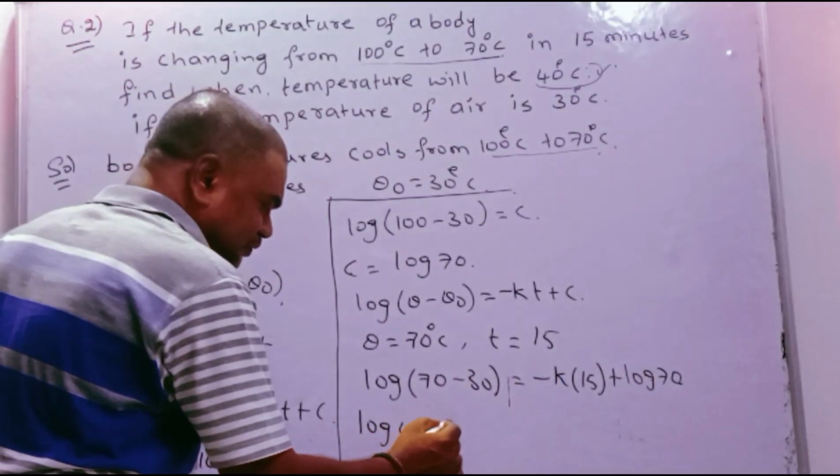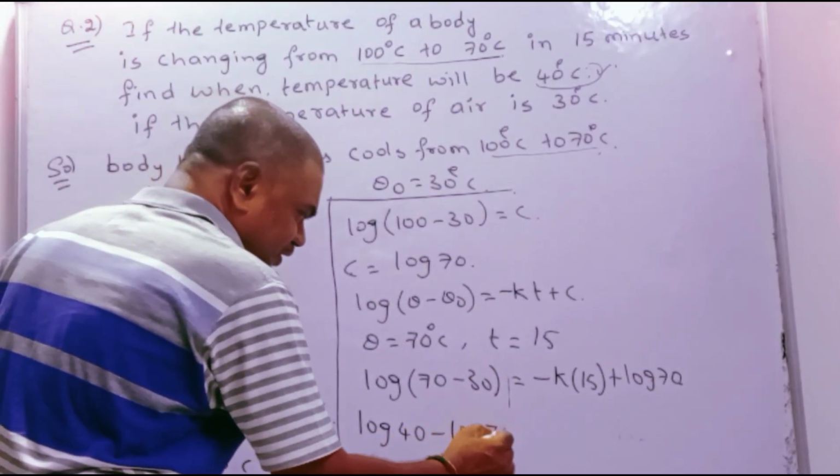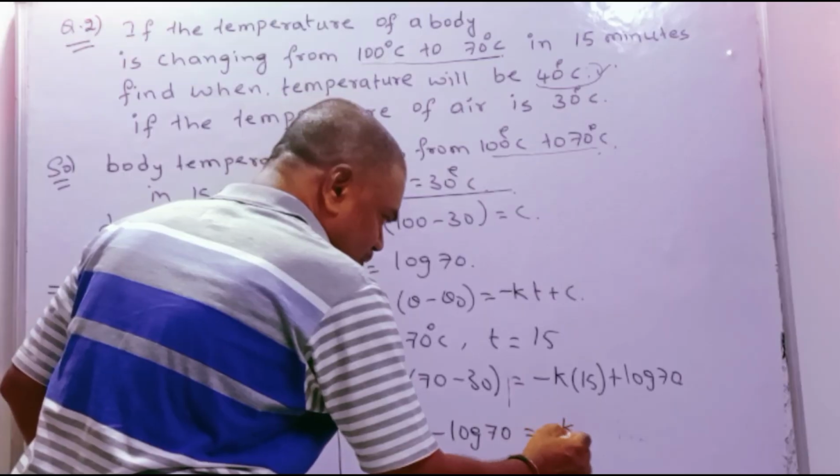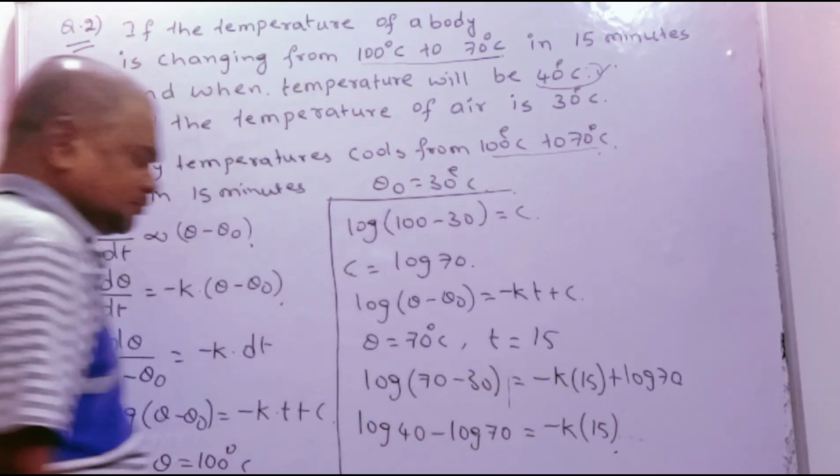Taking log 70 to this side, log 40 minus log 70 equals minus k into 15.